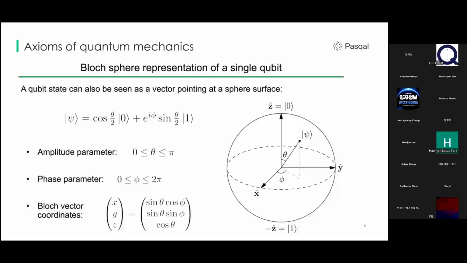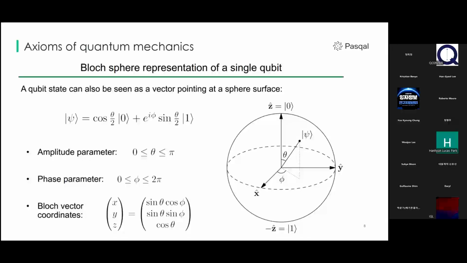As I mentioned, you would describe your position on this sphere by 2 coordinates, by 2 degrees of freedom that have a physical meaning for the quantum information as well. The longitudinal coordinate would correspond to what we call the phase parameter, and the lateral, so the vertical coordinate, would correspond to the amplitude parameter.